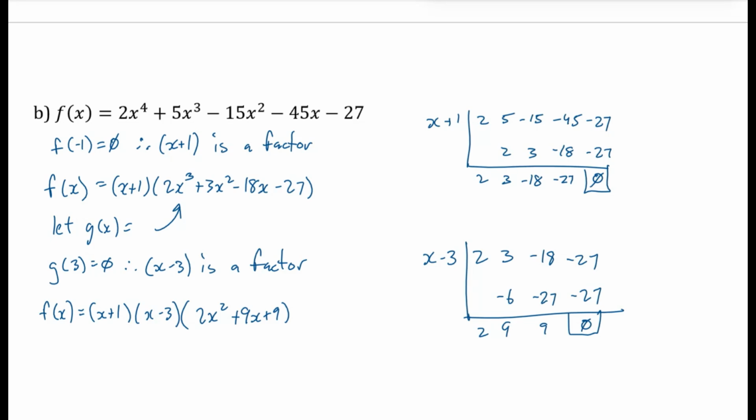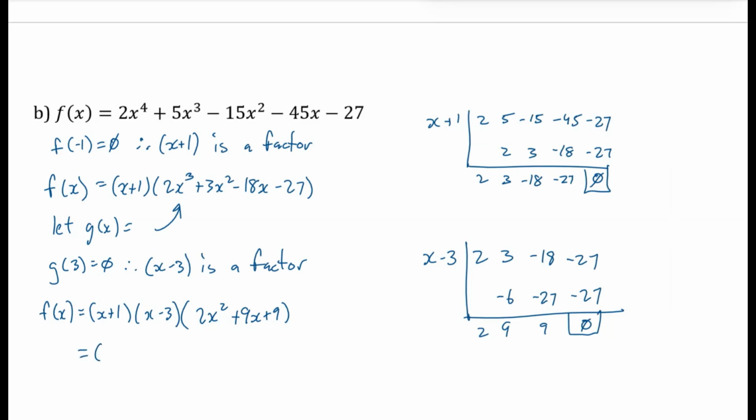Maybe you're starting to see why we flip over to g of x just to deal with that cubic part, but then what we're really doing is factoring f of x. So we come back and we're always writing out f of x in full because that's what we want to be factored fully at the end.